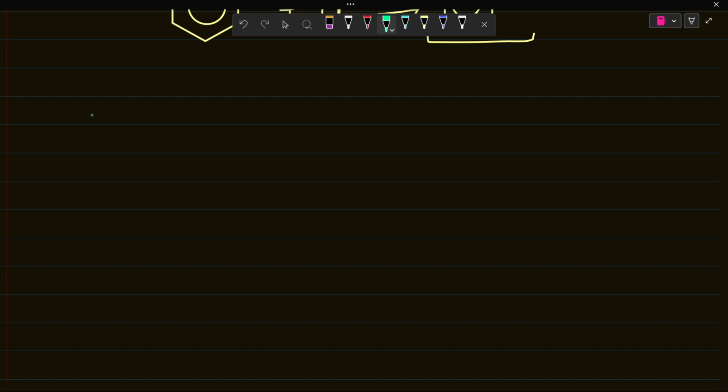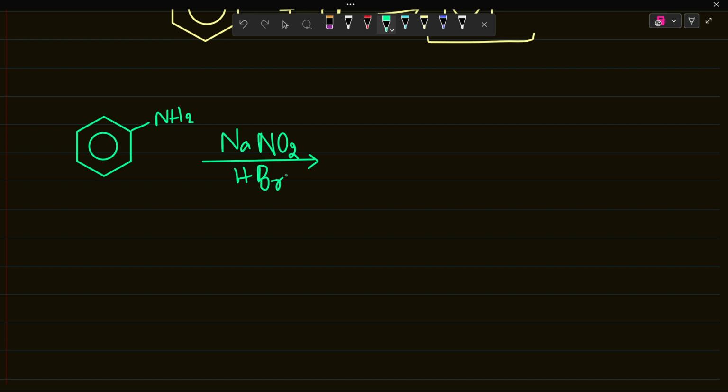For the reaction mechanism of Br, we'll be taking the diazotization reaction first, in which we'll be taking aniline and acting on it with NaNO2 and HBr, fine. Now this will be giving us this molecule, that is what we call the diazonium salt.